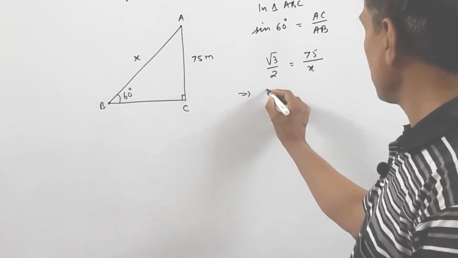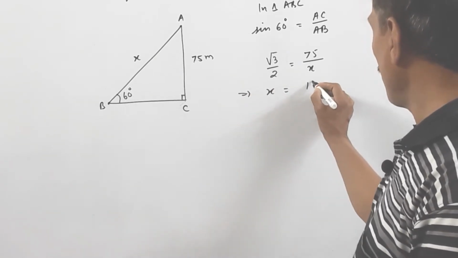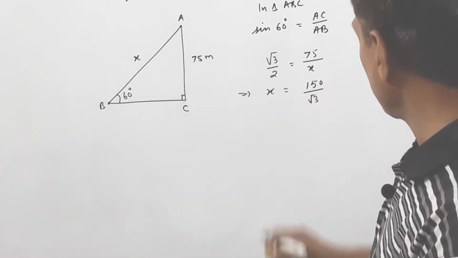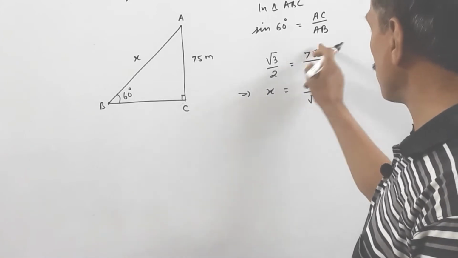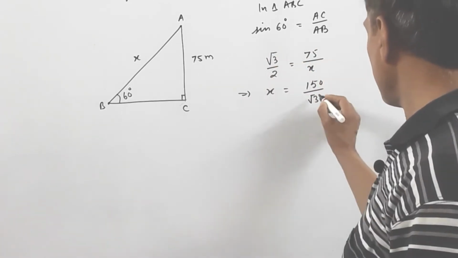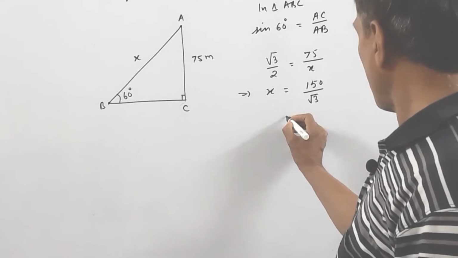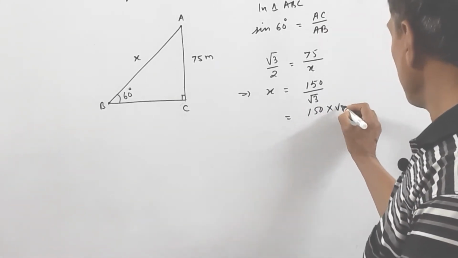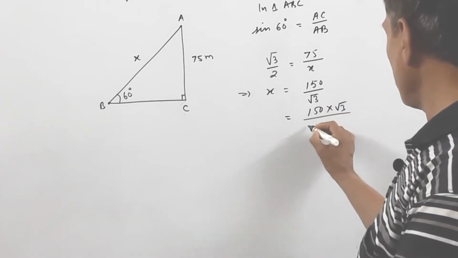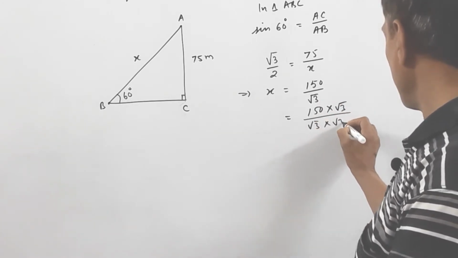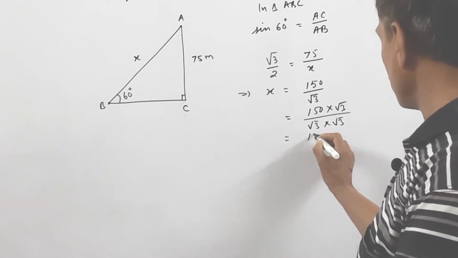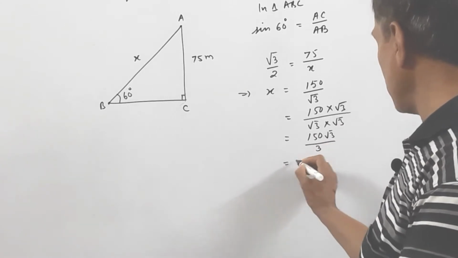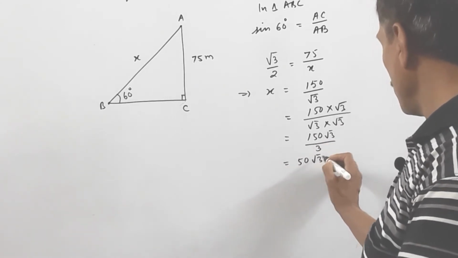which implies x is equal to 150 upon root 3. We cross multiply: 75 into 2, and root 3 will divide it. We can rationalize it: 150 into root 3 upon root 3 into root 3. So this is 150 root 3 upon 3, and that is 50 root 3.